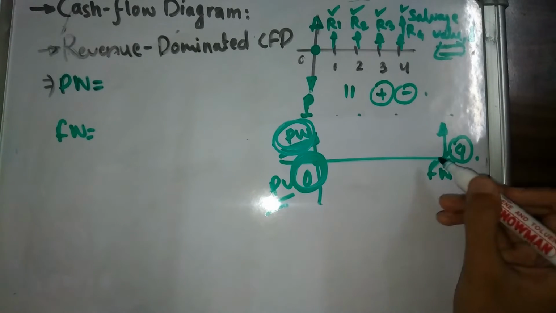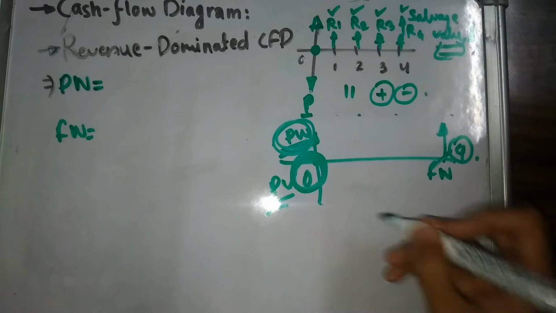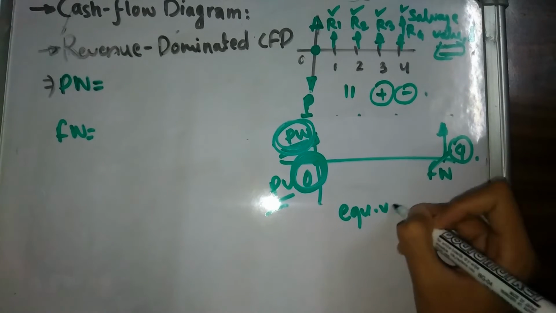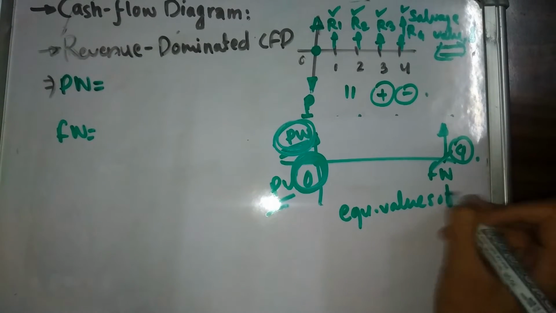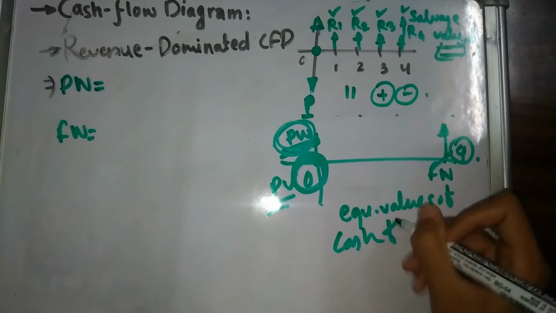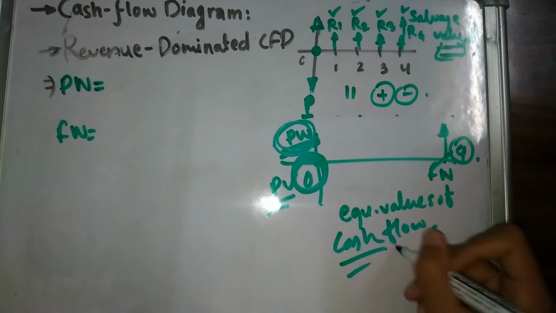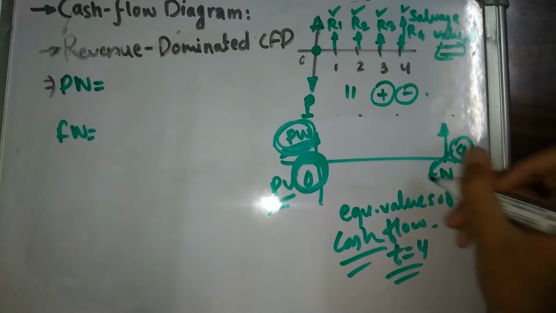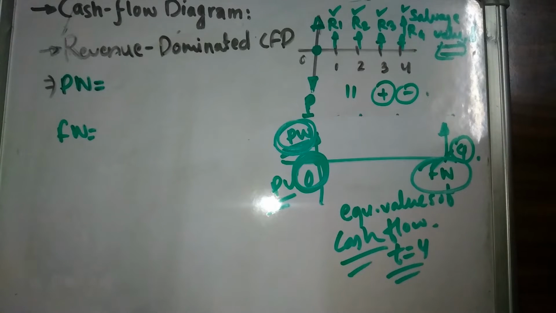While if we add or subtract all the equivalent values of our cash flows at our required future time, let's say at time t equals 4 years, it is going to be our future worth.